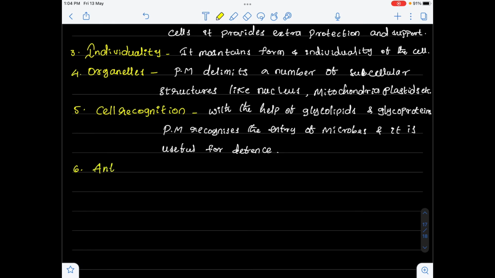After this, antigens. The cell membrane possesses antigens which determine the blood grouping, that is, acceptance or rejection of a particular blood during blood transfusion.